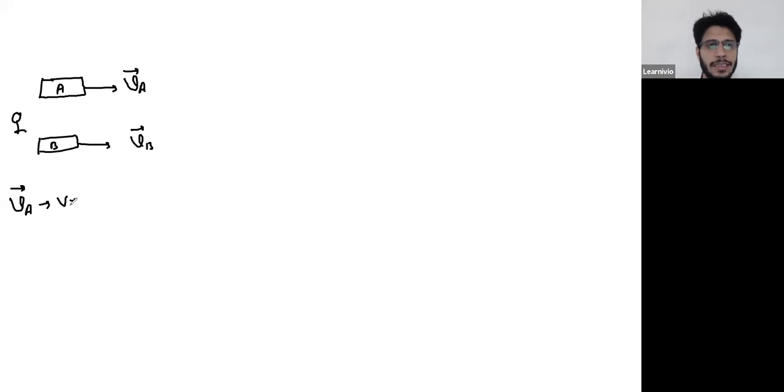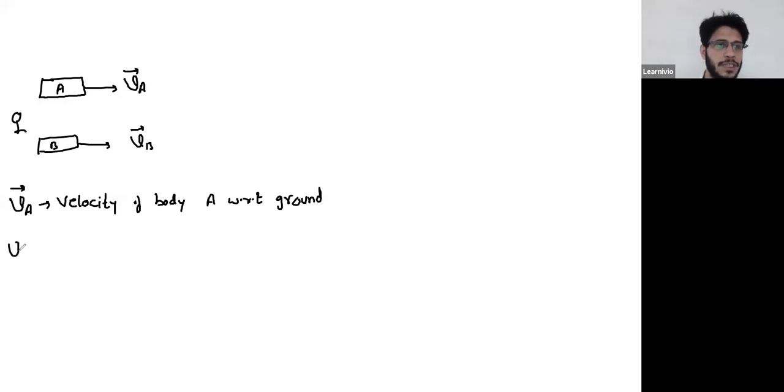So VA is the velocity of body A with respect to ground, and VB is the velocity of body B with respect to ground.